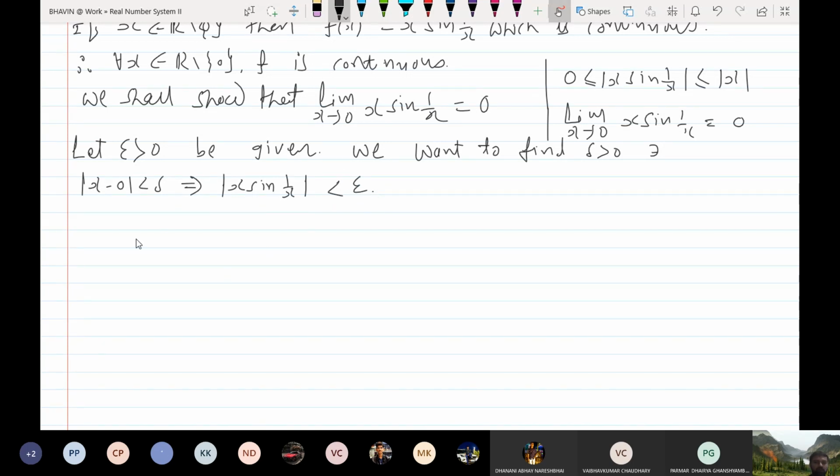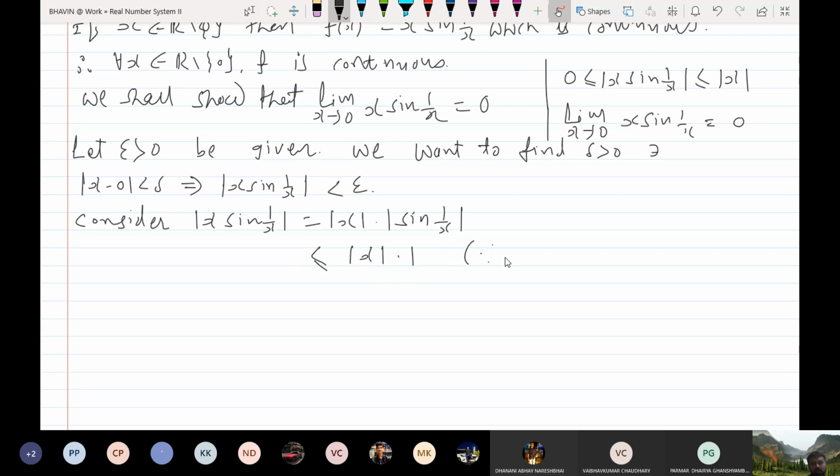So in order to find such delta, I should begin from x. So this is equal to mod x into mod sine 1 upon x. Now this is less than or equal to mod x into 1.